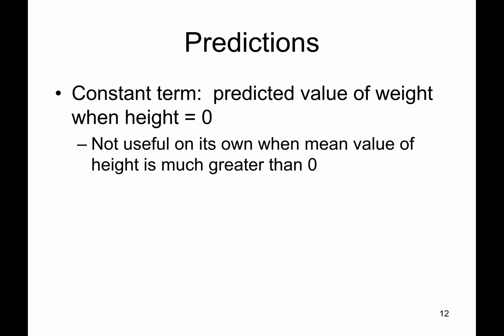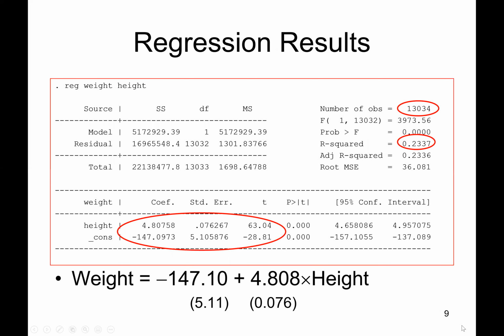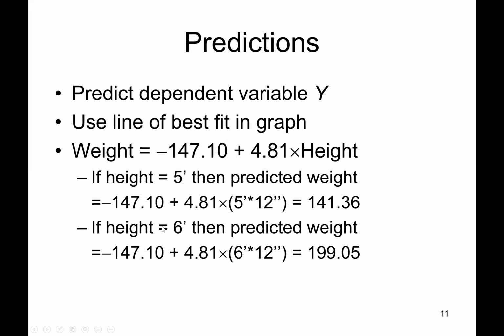But what we usually care about the most is the slope, or this 4.81. So we don't usually care very much about this constant term, except as it relates to other parts of the data set. Really, what we usually care about is this coefficient 4.81.